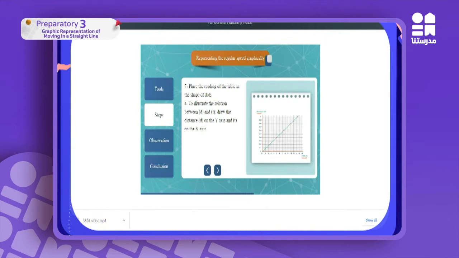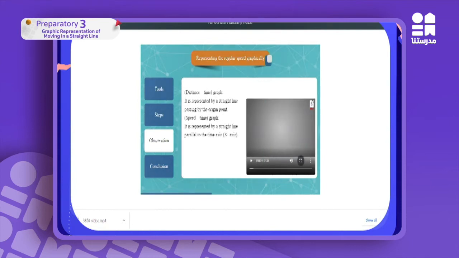Draw the distance on the vertical axis, y-axis, and time on the horizontal axis, x-axis, as shown in the opposite graph. To illustrate the relation between speed and time, you can get a graphic relation, as shown in the opposite figure. Draw the speed on the vertical axis, the y-axis, and time on the horizontal axis, x-axis, as shown in the opposite graph.